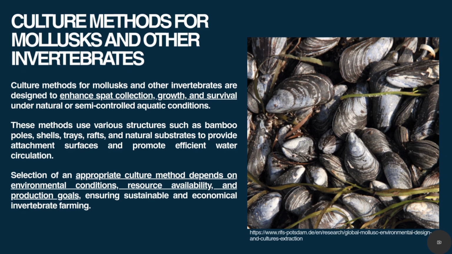They make use of different structures such as bamboo poles, shells, trays, rafts, and natural substrates to provide surfaces where invertebrates can attach and grow. The choice of culture method depends on environmental conditions, available resources, and production goals, making these methods both sustainable and economical for invertebrate farming.